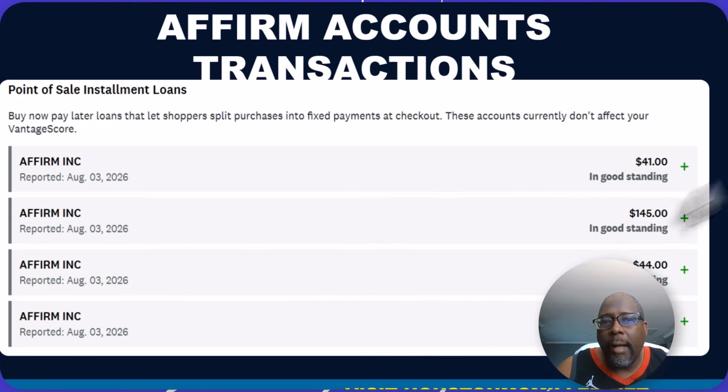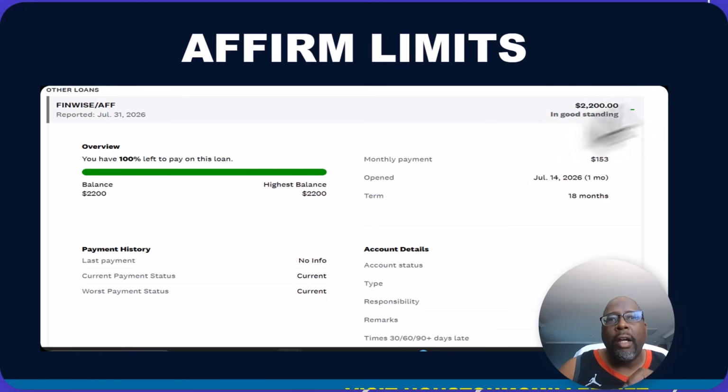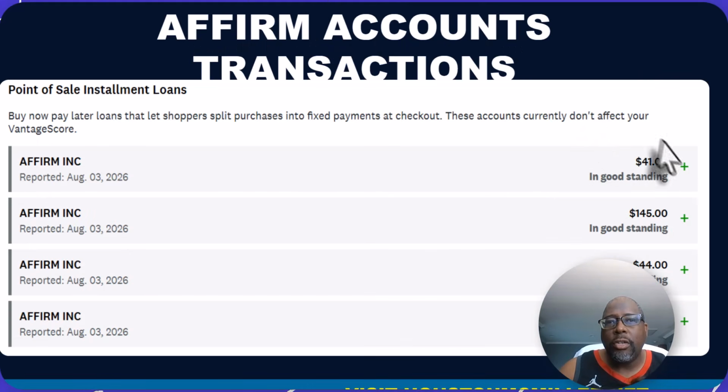But here's the problem. This 41, 145, 44, and this 50, these are reporting on his experience as four separate accounts that are maxed out. They don't show this $2,200 balance, the overall balance. They're just showing that he spent these amounts each transaction, so each amount shows as a maxed out account.